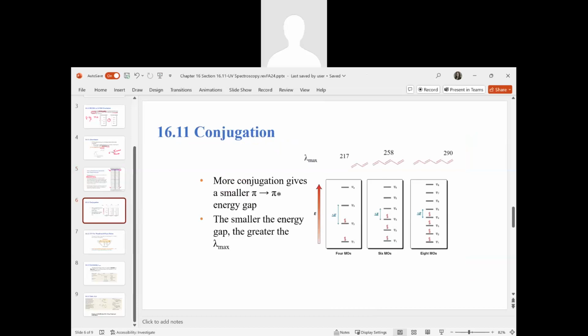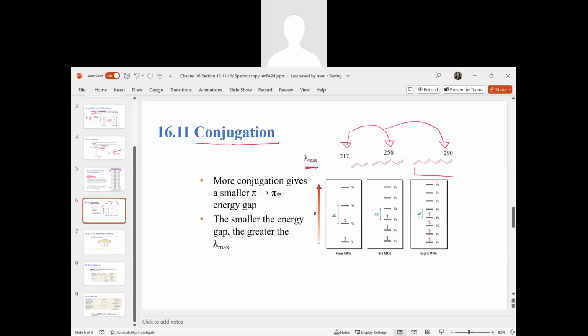Now that we have a conjugated compound that we can take a look at here, we can actually predict or discuss the observed amount of energy that's absorbed and the lambda max values. Our wavelength of maximum absorbance for butadiene we saw was 217 nanometers. That shifts as we have more conjugated pi systems in our compound.